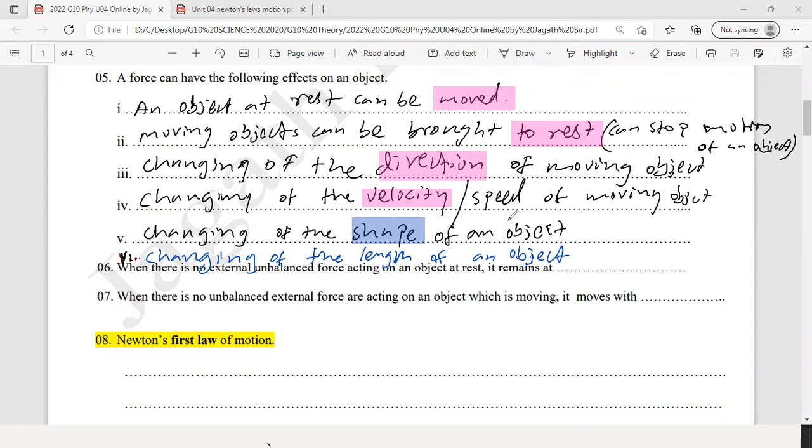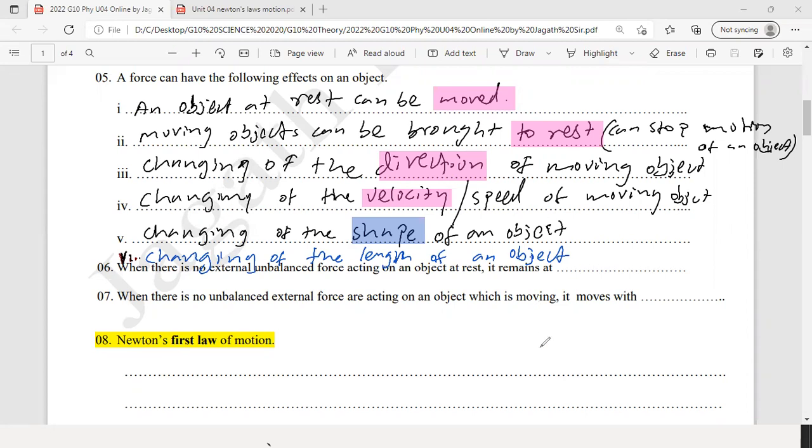This will be your theory note, because not only for this year, but until you finish your O-level exam in December next year, you need these notes to revise again later. Shall I erase the screen now?